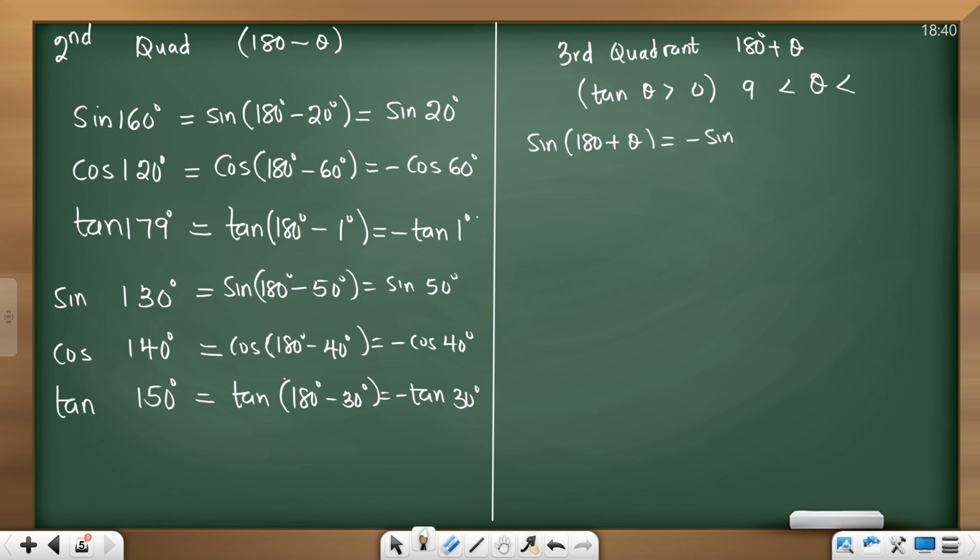I'm going to draw all of this in a circle for you. Negative sine theta, cos, negative cos theta. Only tan is positive here, positive tan theta.